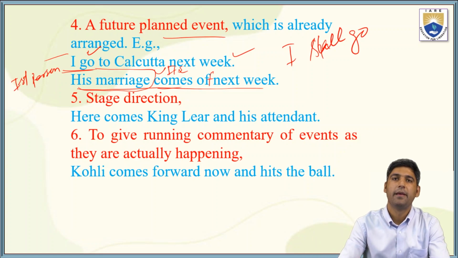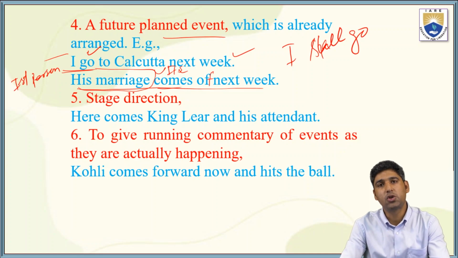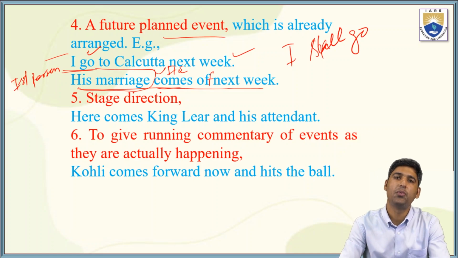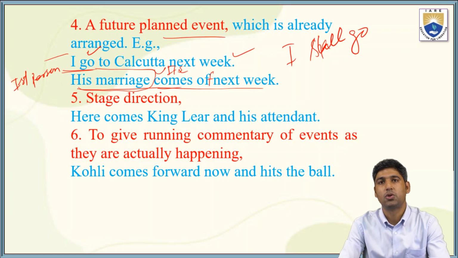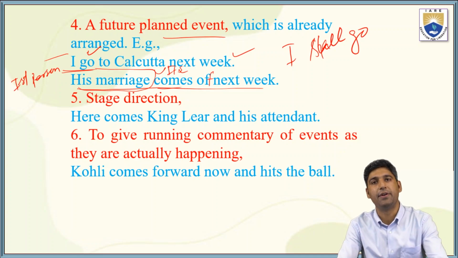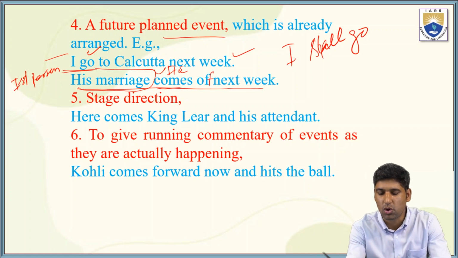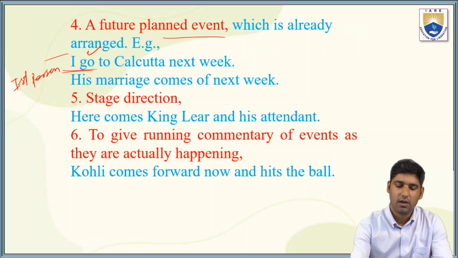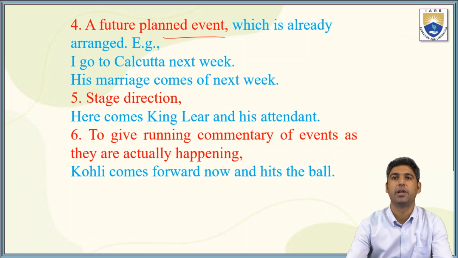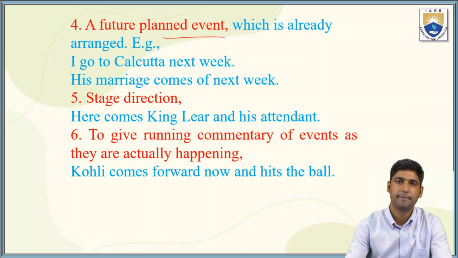It should be his marriage will be next week, or his marriage will be coming next week. So we are not using future tense. For that, I write present indefinite tense. His marriage comes off next week. So by doing this, we can write planned future in present indefinite tense.